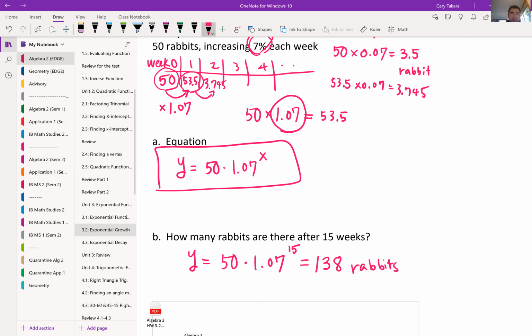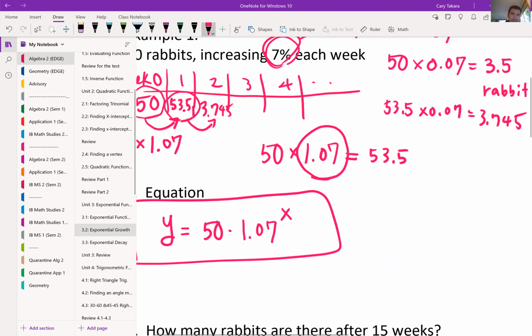By the way, I forgot to talk about this important part of 1.07. As you know, this 0.07, that's 7%, right? Now, why do we add 1 in front of it? What does that 1 do? What is that 1 doing there?